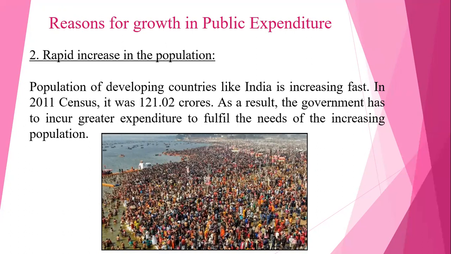Further, overpopulated countries like India will have to check the population growth. The state therefore has to spend more and more on family planning program campaigns every year. For example, more schools, hospitals, etc. have to be provided to meet the additional needs of the growing population.